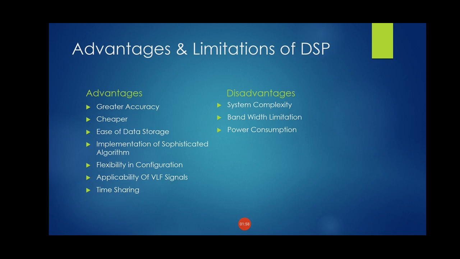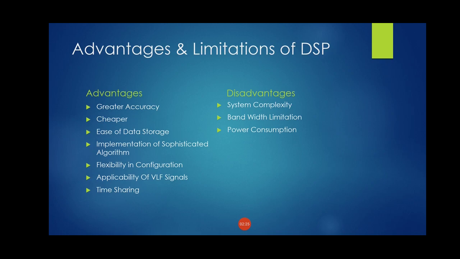For example, a change of temperature or a rise in heat will have an effect on the analog components. So the accuracy gets hampered. So digital signal processors will be much more accurate compared to their analog counterpart.